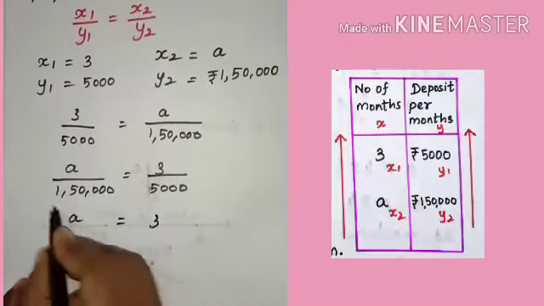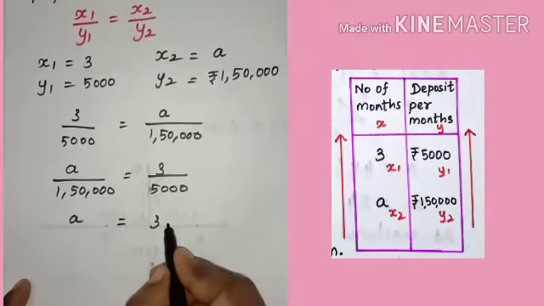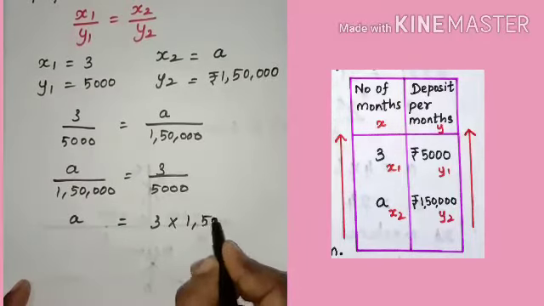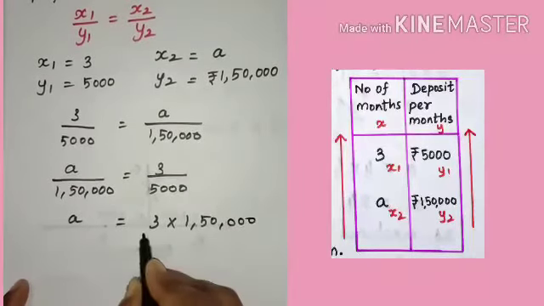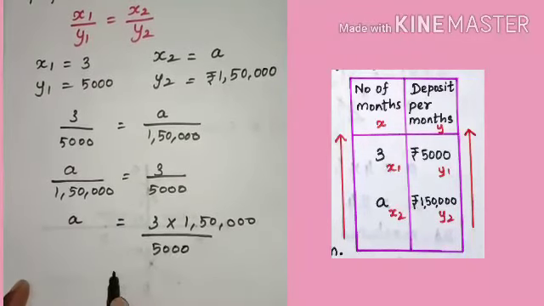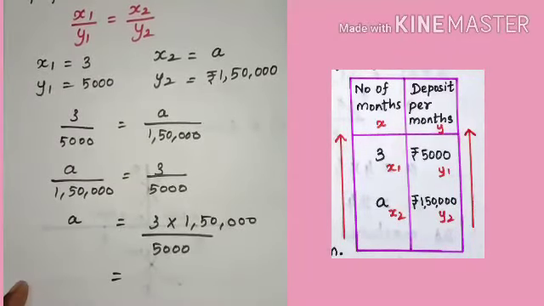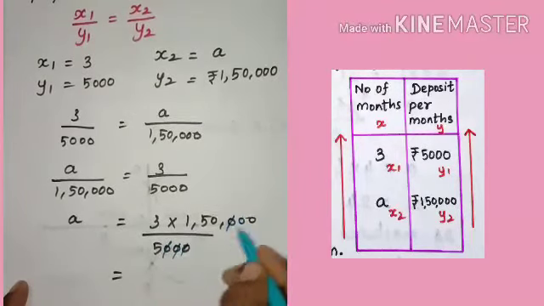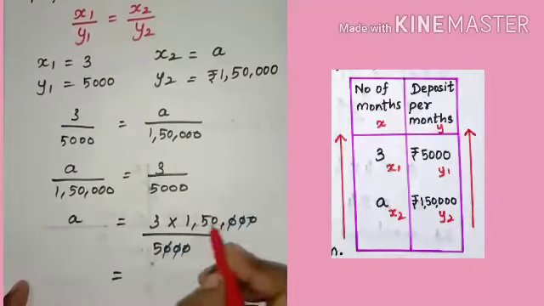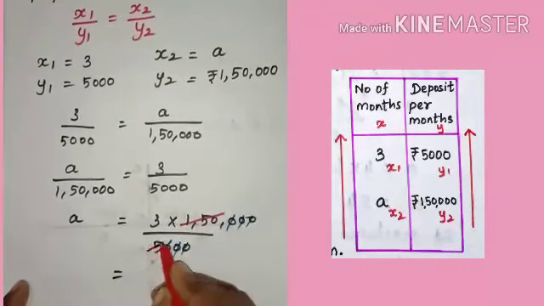So bring 1,50,000 to the other side. It becomes multiplication of 3 by 5,000 with 1,50,000. Now cancelling 3 zeros in the numerator as well as in the denominator, we have 150 and 5.